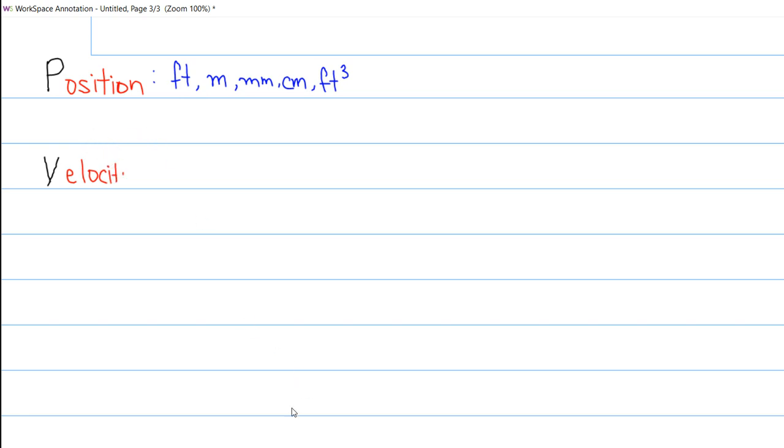And the units for our velocities are going to be feet per second, miles per hour, feet cubed per minute. Anything with per minute. So this is per something. Something per something. That's our velocity.